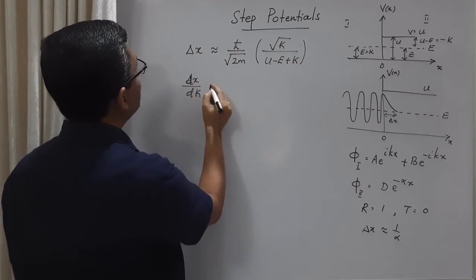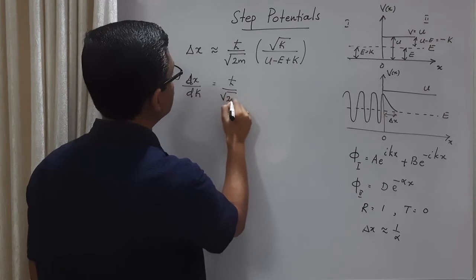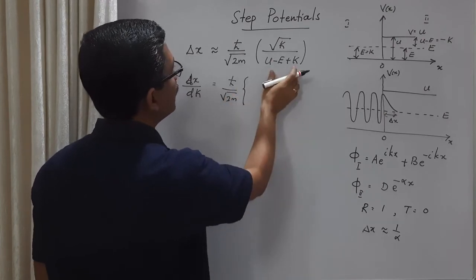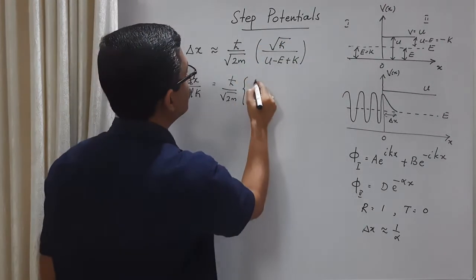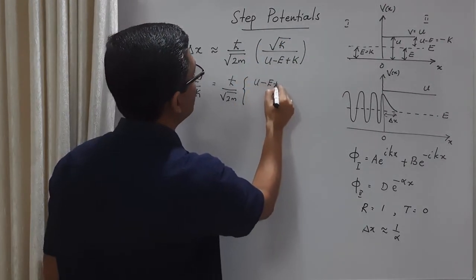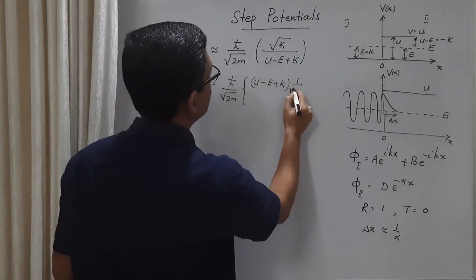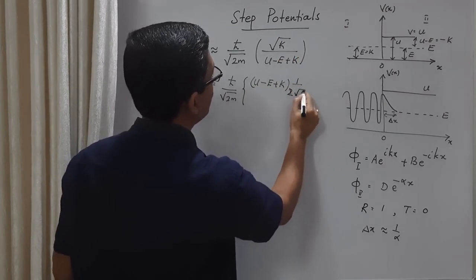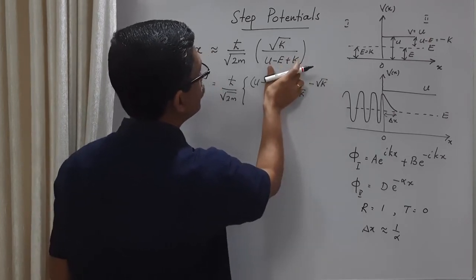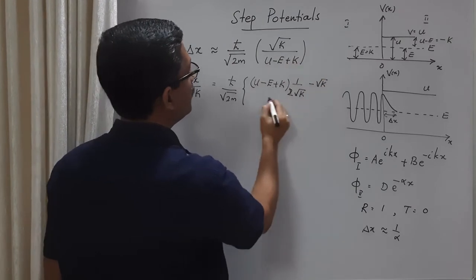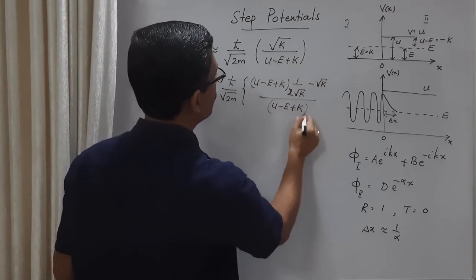Okay, so dx by dk: this is a constant, and here we have the quotient rule. So we have u minus e plus k times the derivative of the numerator, 1 by 2 root k, minus root k times the derivative of the denominator, which is 1, divided by u minus e plus k whole square.